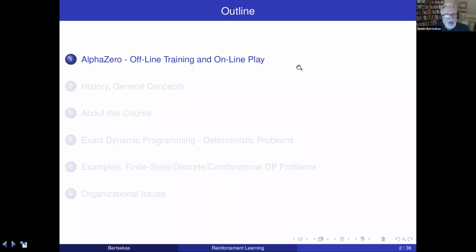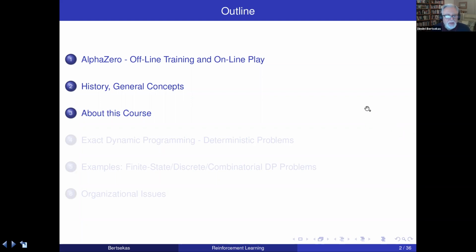So I'm going to start with a few slides on AlphaZero, and then make some historical remarks and bring out some of the general concepts, say a few things about what we're trying to accomplish in this class, and also give references and so on, and talk about dynamic programming. Dynamic programming and reinforcement learning are very closely connected, as I'm going to argue in this class. Approximate dynamic programming can almost be used as a synonym for reinforcement learning.